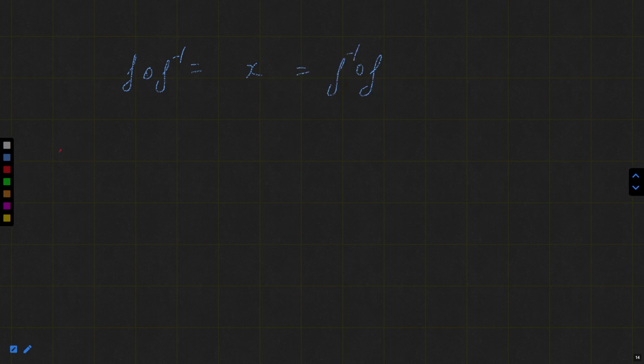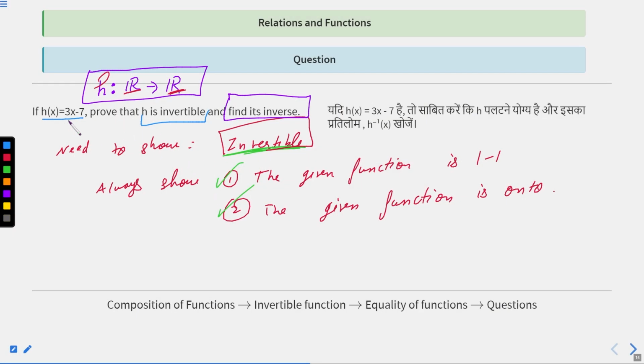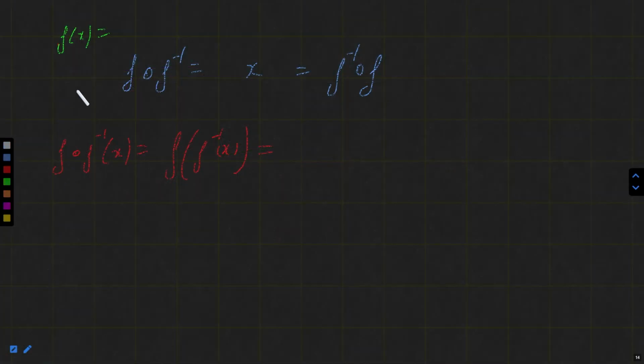So let's see. f of f inverse x will be f of f inverse x, and we know what my function is. It is 3x minus 7, not f(x), it is h(x). Sorry for the different notation. So it must be h.